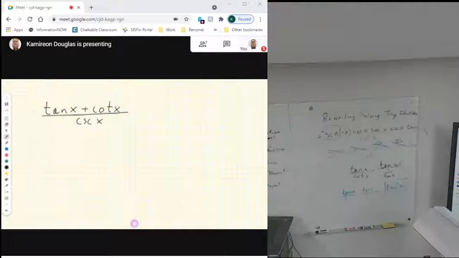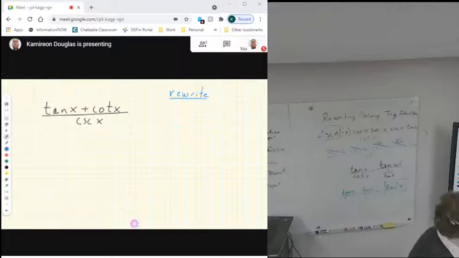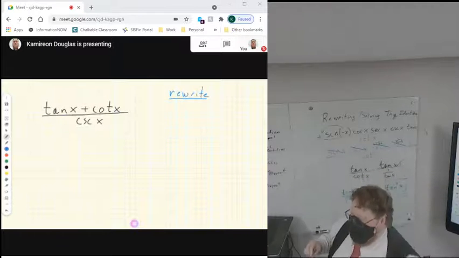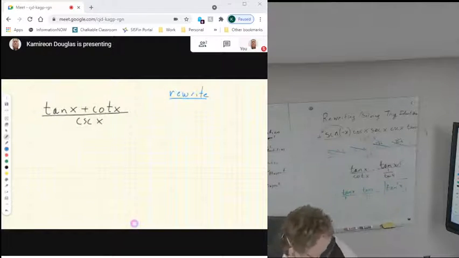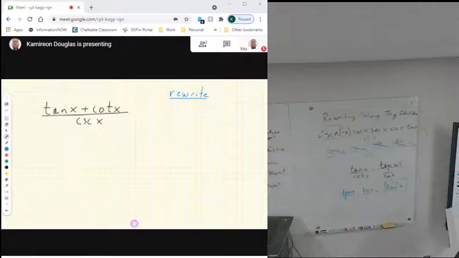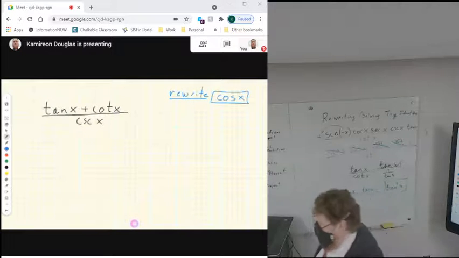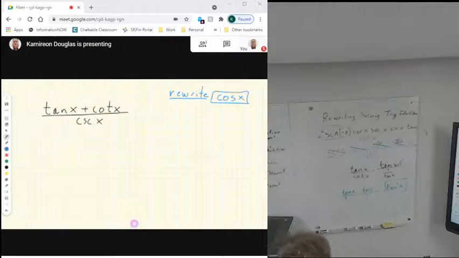And I am told I need to rewrite this trig function, not simplify. Notice in these problems you're going to have in your homework, they will not say to simplify. They say simply to rewrite. However, I want to write it so that everything is in terms of cosine. That means that tangent is wrong. That cotangent, wrong.